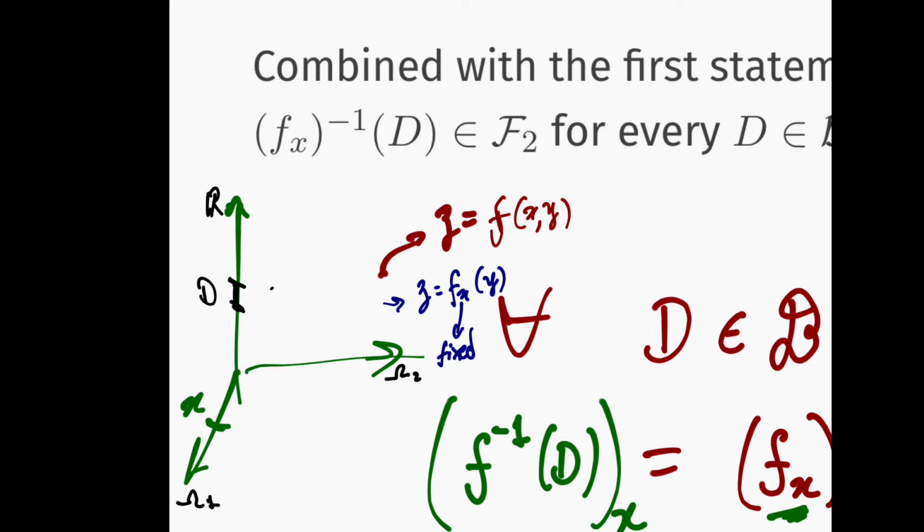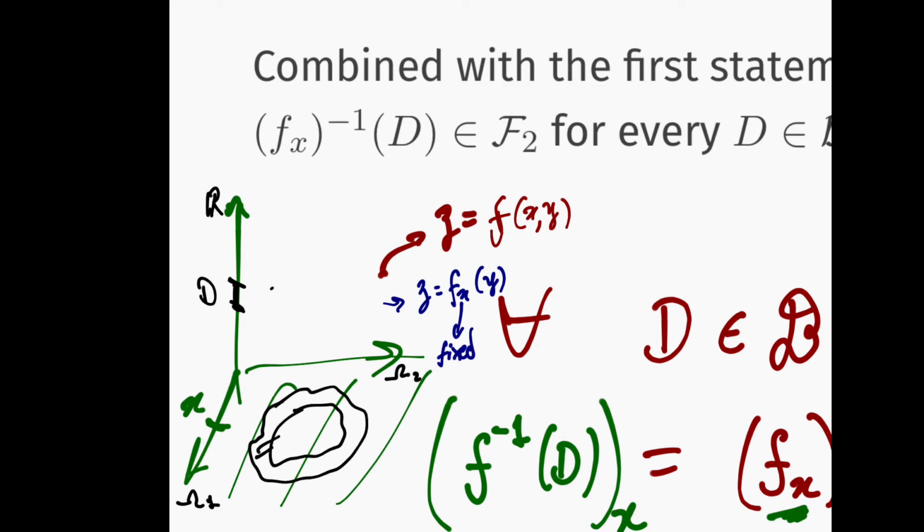So here, down on the floor, it will be something like this. I'm making the picture for an interval. We can either take this set and then take the section by x, and this will give us here some set.